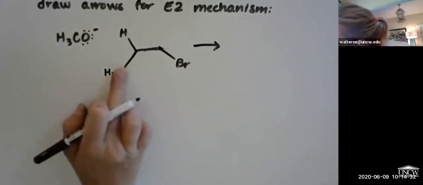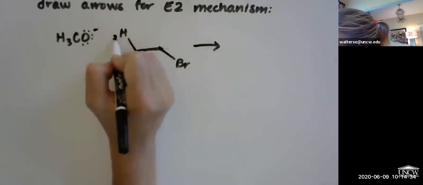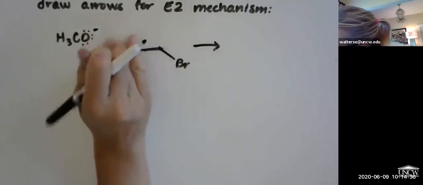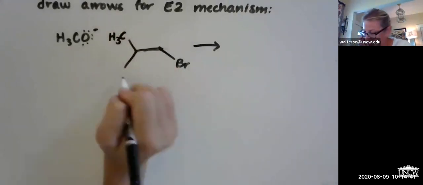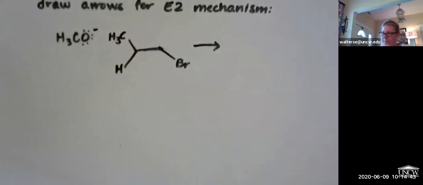Actually, I lied. Sorry. Make this the CH3 group up here. It'll make it easier because you have to make the trans product. It won't be trans. Never mind. It was fine the way it was. I shouldn't make stuff up as I go.